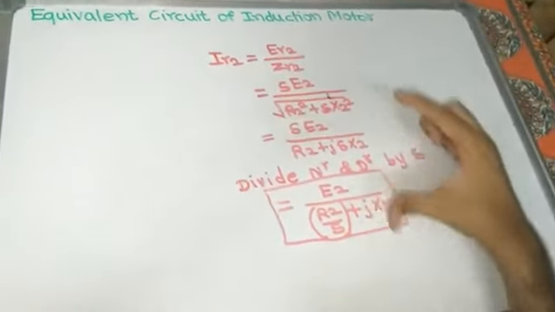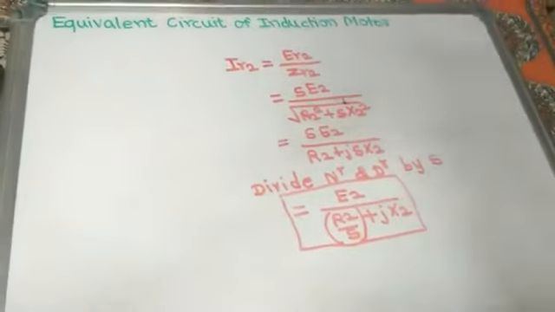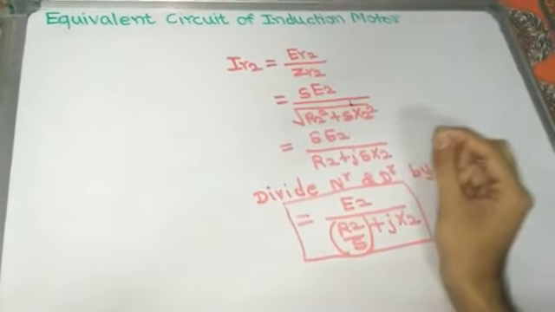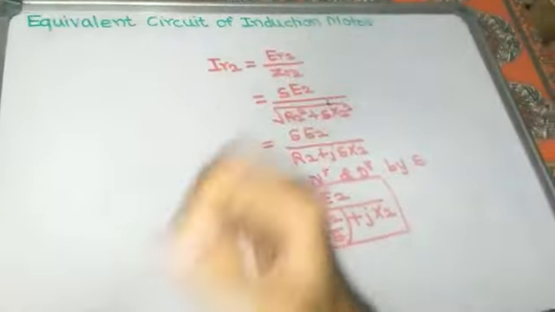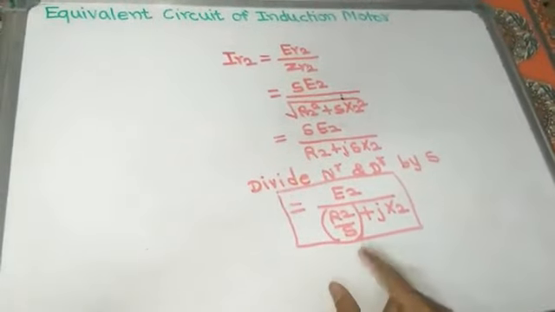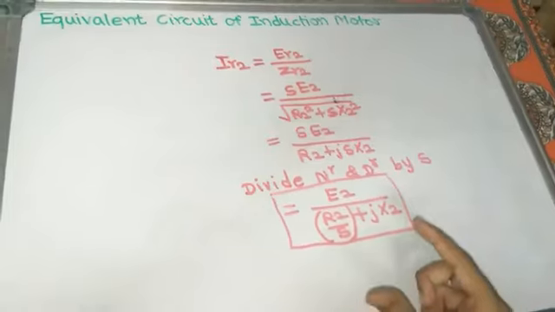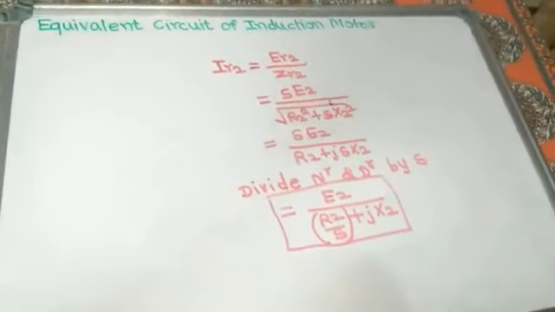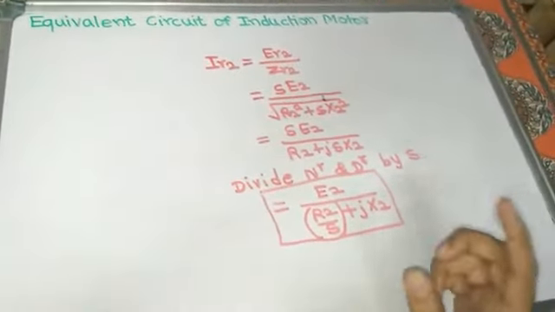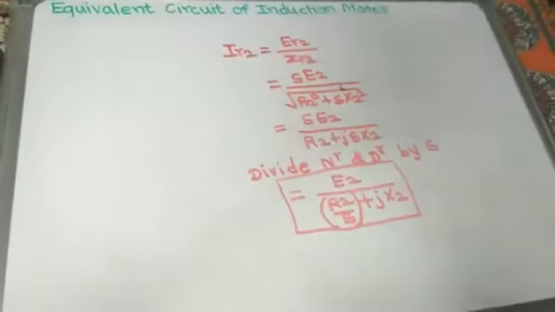But by making some proper arrangement, only for drawing the equivalent circuit of the rotor similar to that of a transformer, we make this arrangement. So now the rotor frequency becomes the supply frequency, only for drawing the circuit similar to that of a transformer.